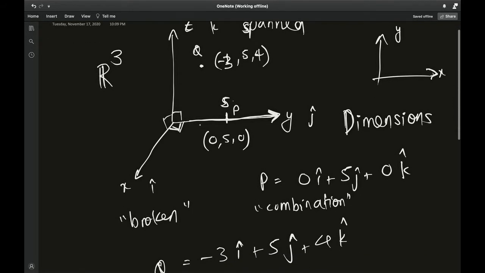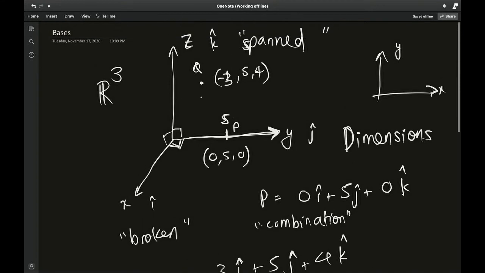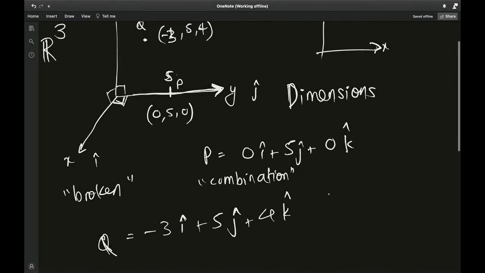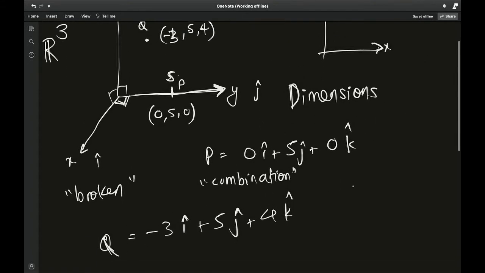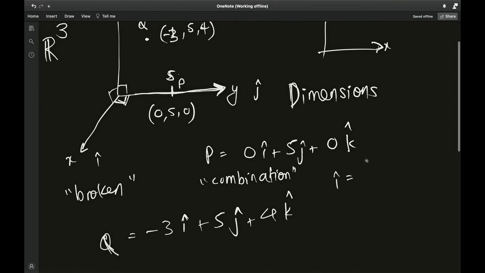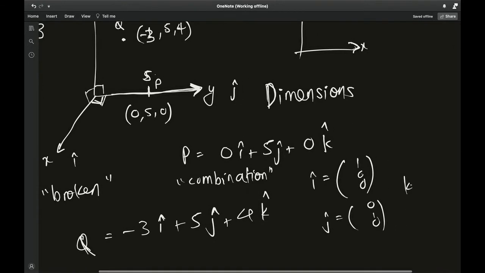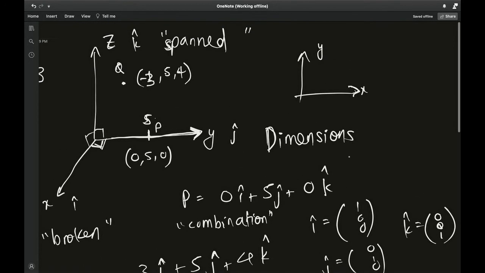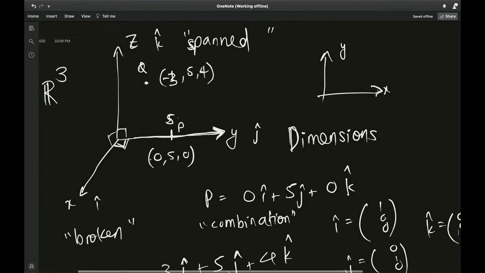Instead of using these standard bases, I can denote these bases as vectors. So i cap is the vector (1, 0, 0), j cap is (0, 1, 0), and k cap is (0, 0, 1). Instead of using these, we can use any other three vectors, but the condition is they should provide distinct information.